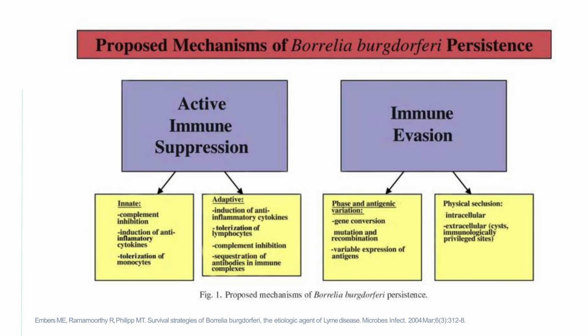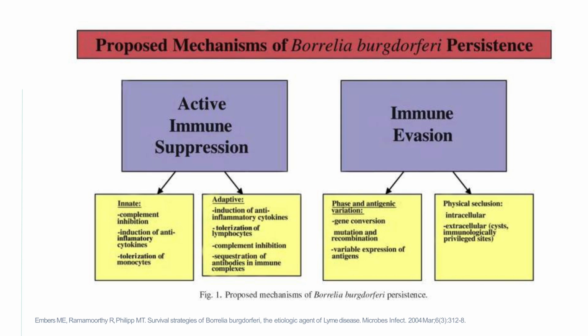And then it's about all these genetic conversions and the mutations and the variable expressions of the antigens. And then the ability to, again, move into the cyst-like formation to hide away, move away from the immune system, put itself into the dark cupboard until it's ready to come out and move again.